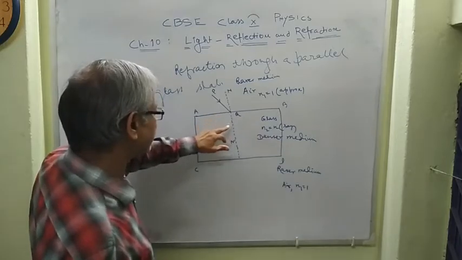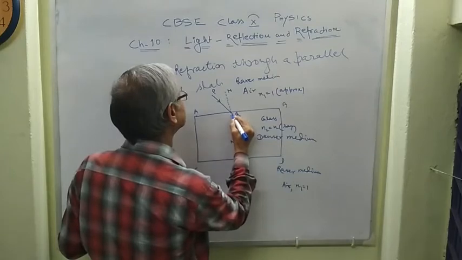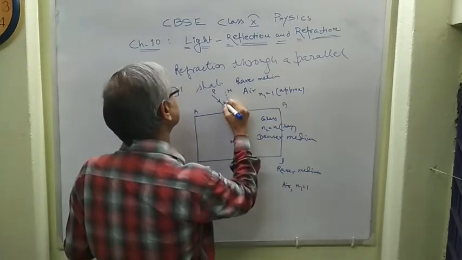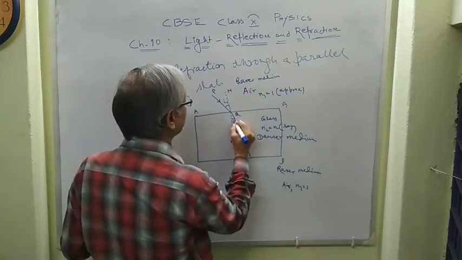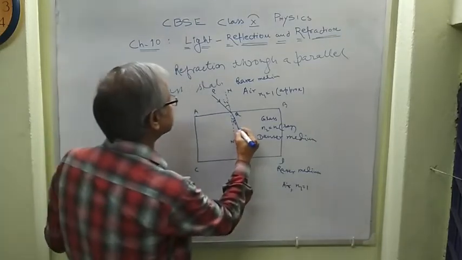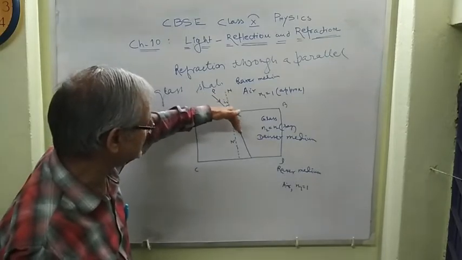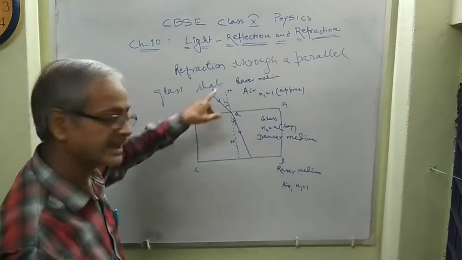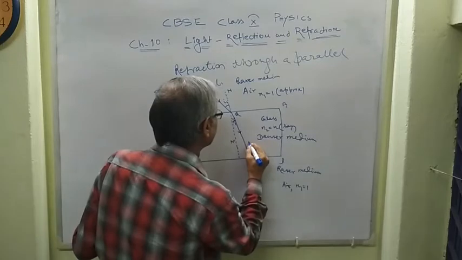Hence, the refracted ray bends towards the normal. This is angle of incidence I1, this is angle of refraction R1. The refracted ray bends towards the normal, that is R1 is less than I1, angle of refraction less than angle of incidence. Now, here also we draw a normal.